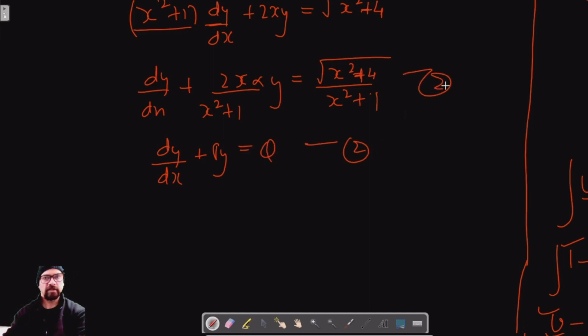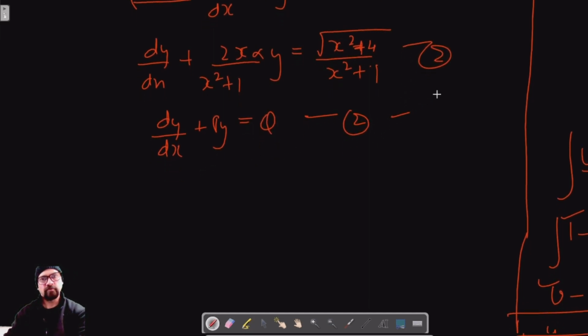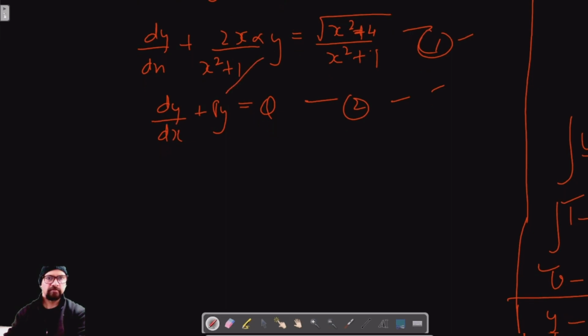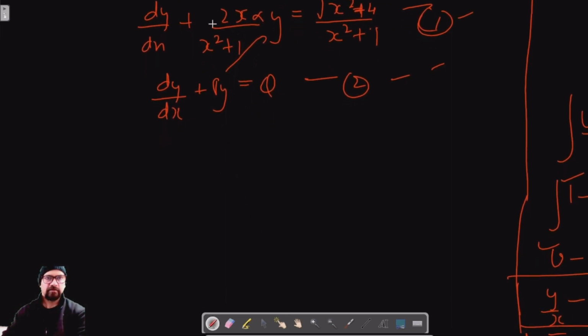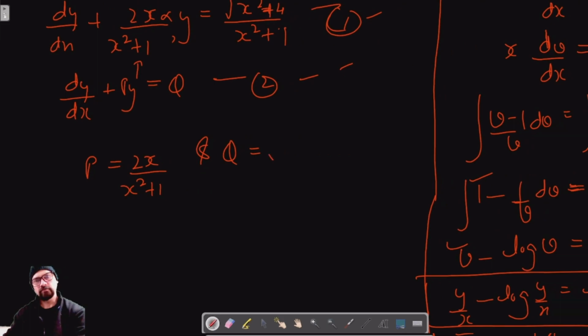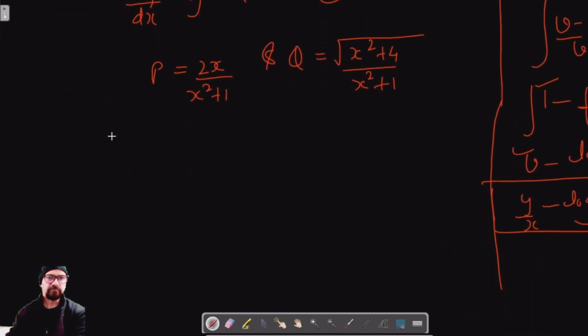This is equation 1 and 2. So if we compare equation 1 and 2, this gives us p is equal to 2x upon x squared plus 1, and q is equal to under root x squared plus 4 upon x squared plus 1.